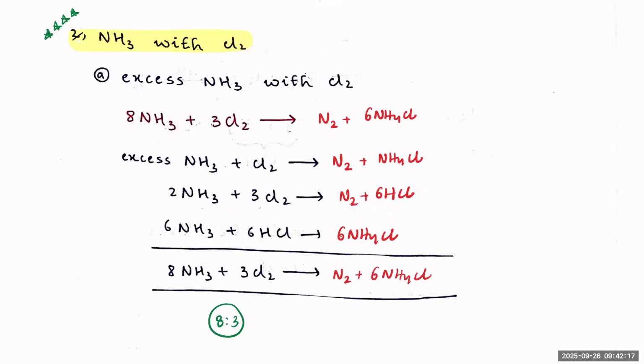Then the 6 moles of ammonia and 6 moles of HCl can make an acid base reaction also, and they will form 6 moles of NH4Cl, ammonium chloride. Overall, the reaction will have 8 moles to 3 moles, giving 1 mole to 6 moles of ammonium chloride. This is when the ammonia is in excess.